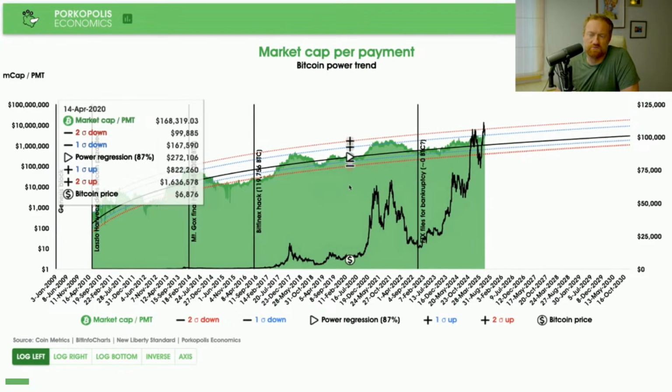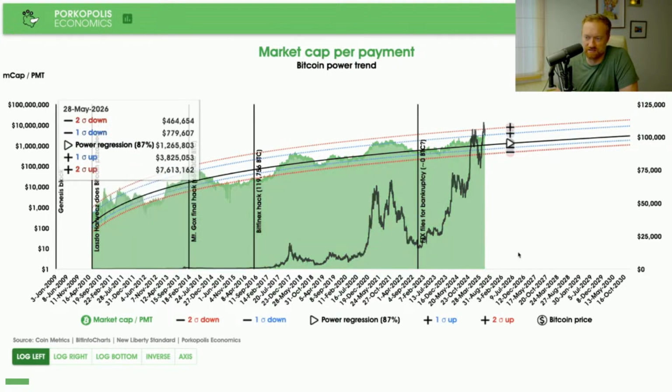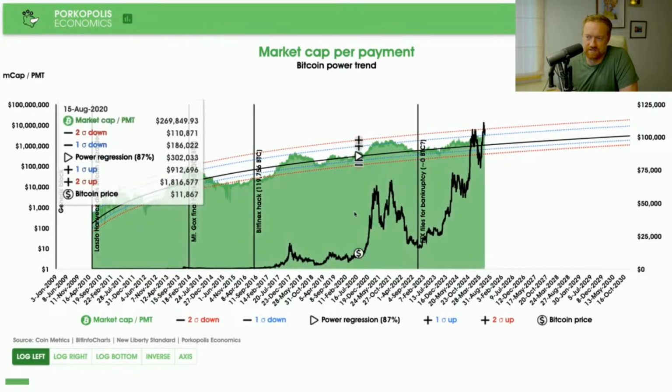But obviously, when you start to overlay the market data versus the network data, you can start to see booms and sort of drawdowns. I don't like to use the word bubbles and busts or anything with Bitcoin because it's kind of how it goes.